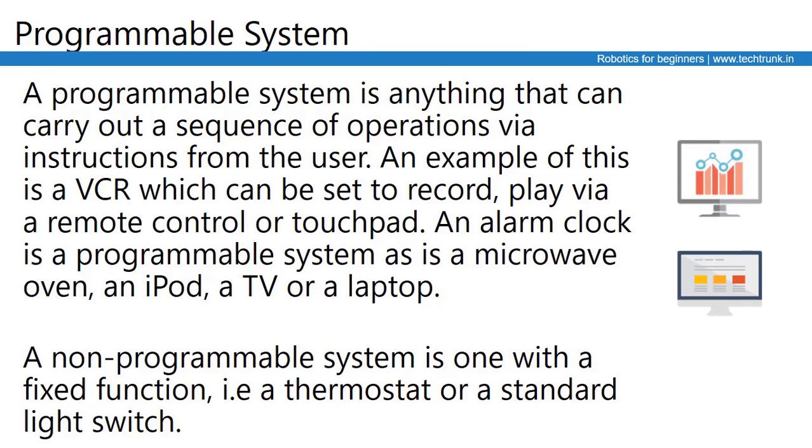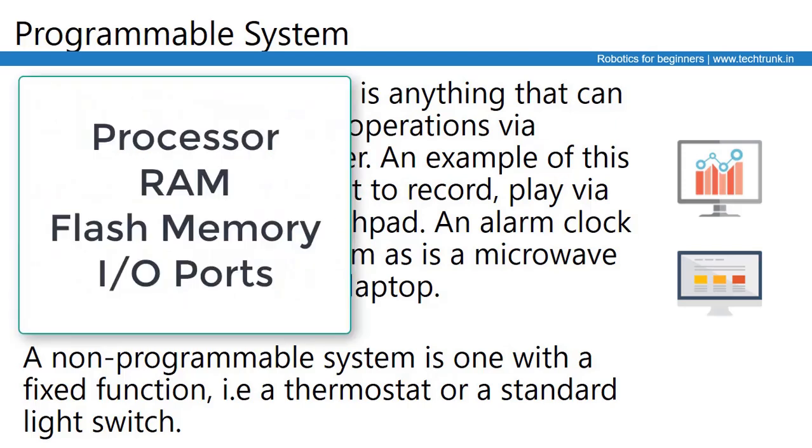Talking about what we need for designing a programmable system. If we talk about our laptop or a computer itself, the necessary things that we have in a computer are RAM for storing temporary data, a processor for processing the instructions, the flash memory for storing permanent data, that's our hard disk that stores the operating system, and some input-output ports that allow us to connect input-output devices like keyboard, mouse, and monitor with our central processing unit, that is the CPU.